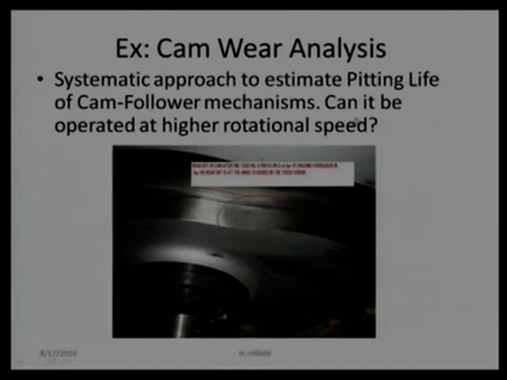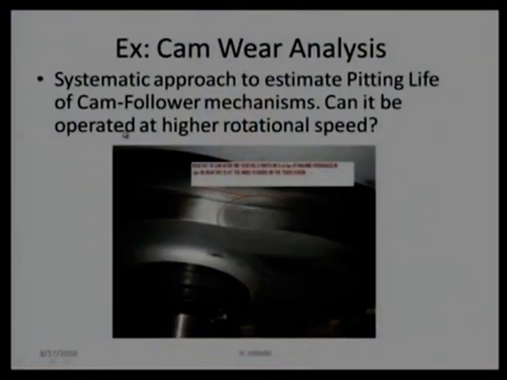In addition to that, the question comes, can we operate this mechanism at a higher speed? Because from the Stribeck curve, I know that if the speed of operation is increased, then the friction coefficient will decrease, and that is why the wear will decrease. So, can we really operate at slightly higher speed compared to what we are operating?